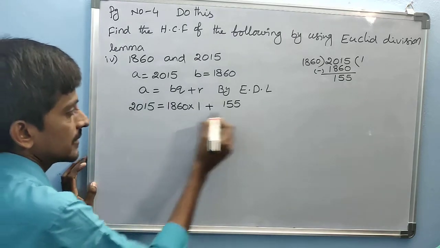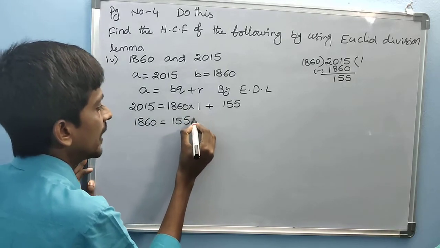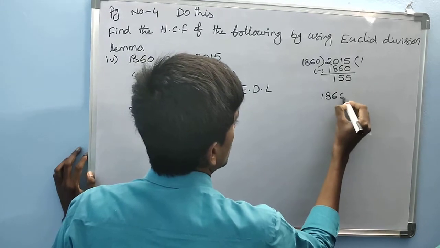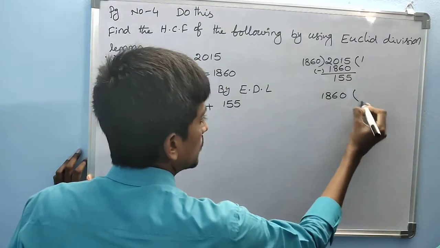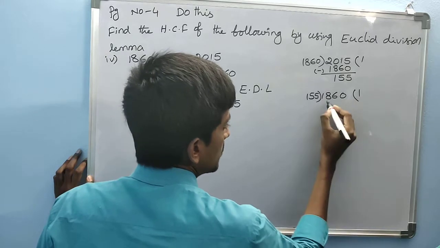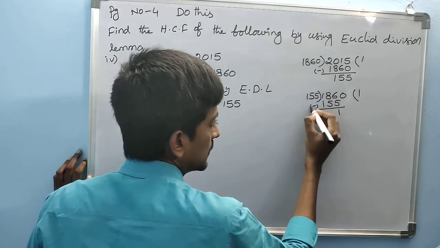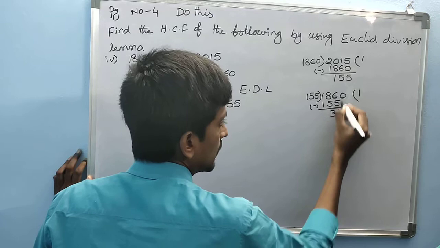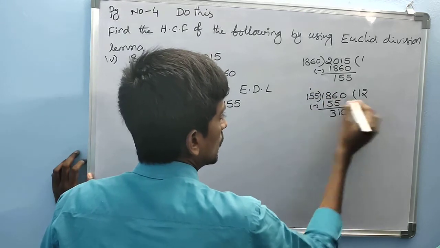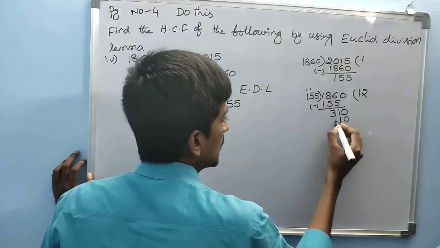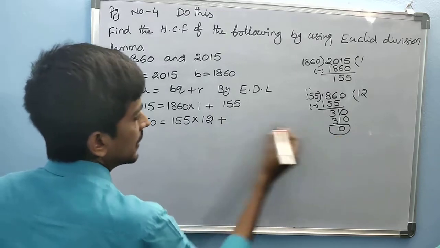The remainder is not 0, so 1860 equals 155 into 12: 155 into 12 is 1860, plus remainder 0.